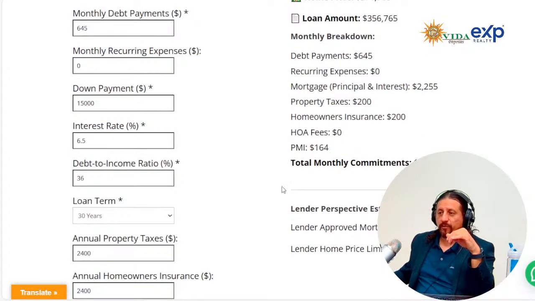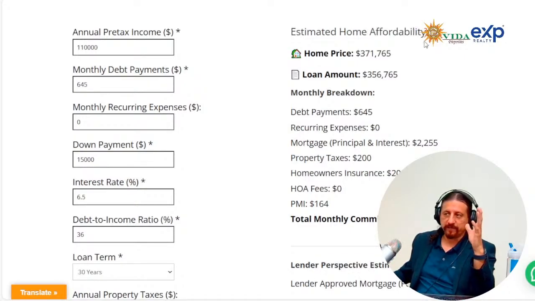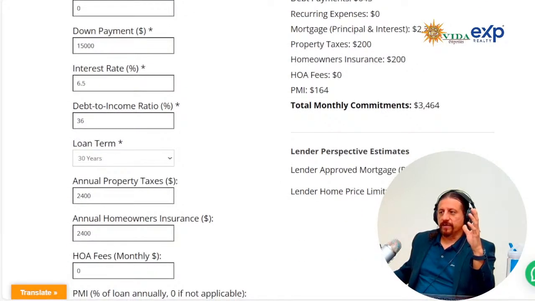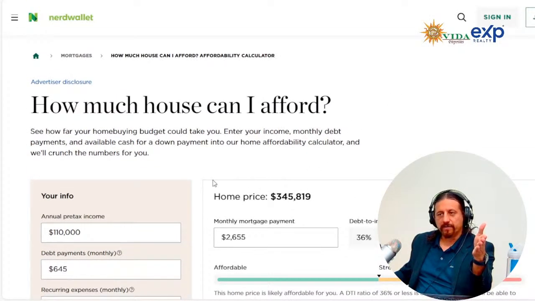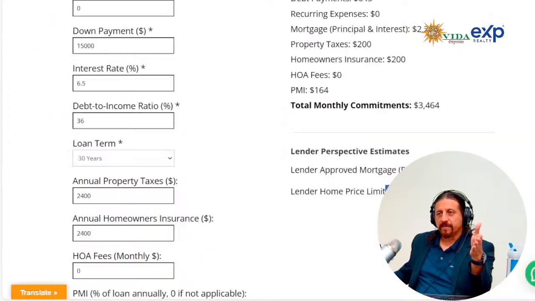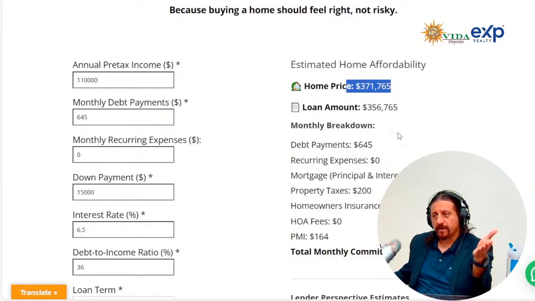I want to provide both: what is the lender perspective on this, and then what is the affordability perspective on this? With this, very similar to what the spreadsheet said, and on this side, what NerdWallet is saying. But because I am saying you should be compensated for not having recurring expenses, the home price is $372,000.